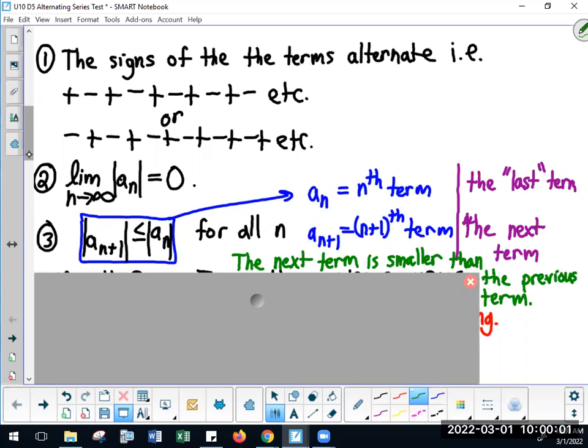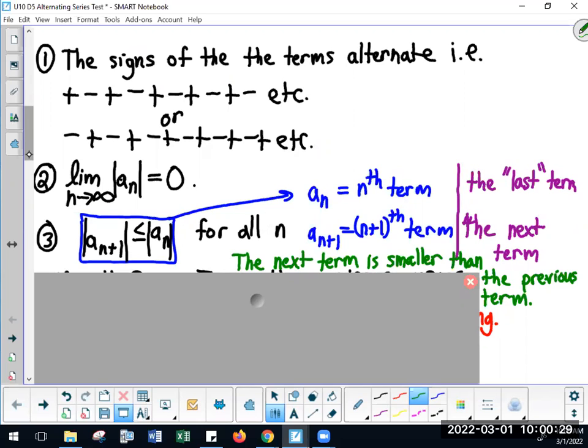So if the next term is always smaller than the previous term, then we have satisfied the second criteria for the alternating series. The alternating series will converge if these two things are true. And we do the test just like we do all the other tests.